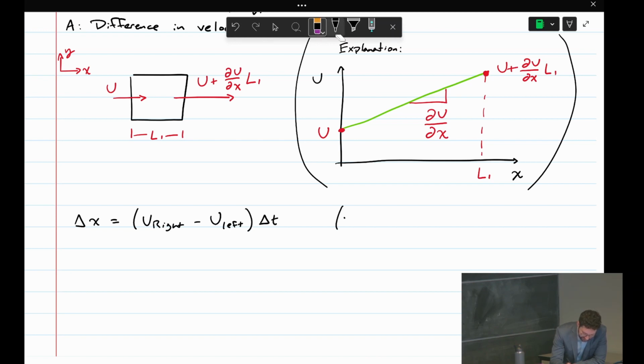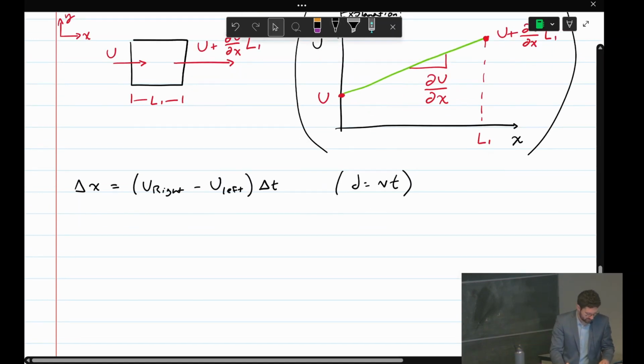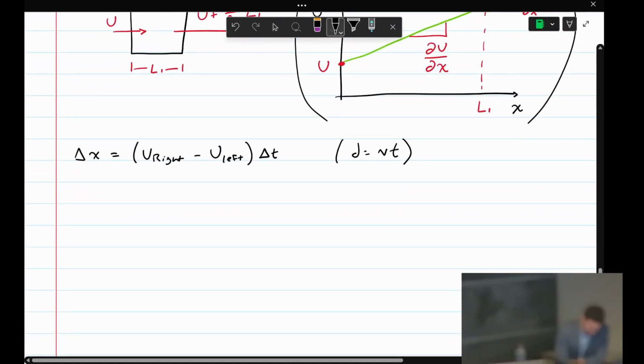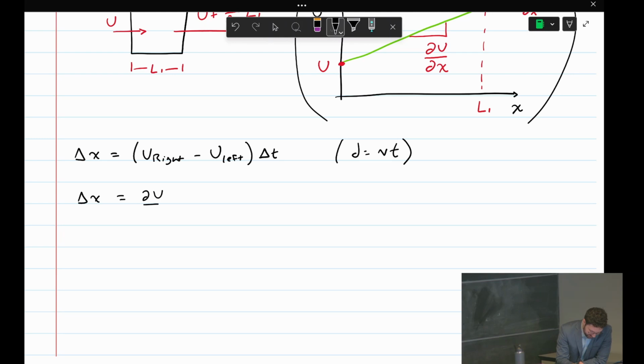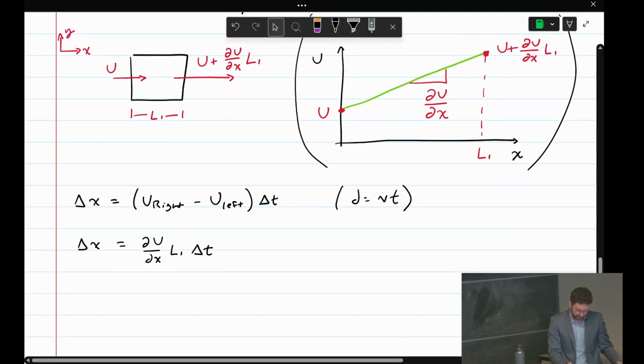Again, this is just basically distance is velocity times time. So as this thing moves, the difference in velocities will cause it to stretch in x, which is delta x. We know what those velocities are by that above sketch. So this is just partial u partial x L1 delta t.